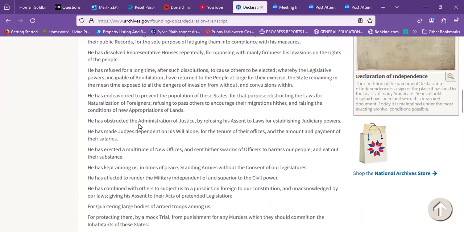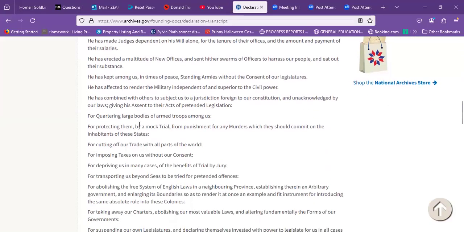Do you see how a lot of these verbs, not only is he putting emphasis on verbs, but he's choosing verbs that have a negative connotation: refused, dissolved, obstructed. These are not words with which we have any positive associations. Look further down.